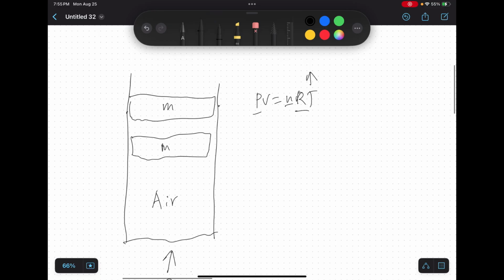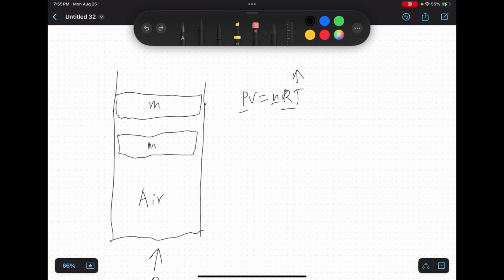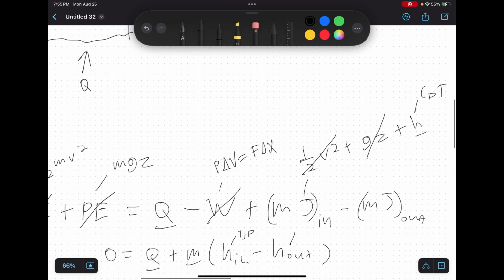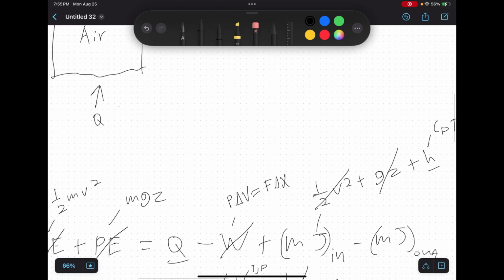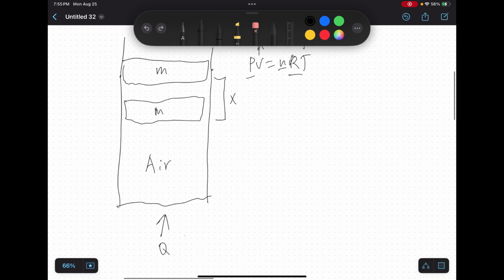And it has the same weight because it has the same mass, and it has the same area because the disk is the same size as it was lower down. So pressure stays the same. So if temperature goes up, volume has to go up. So what should happen is the disk gets moved up by a certain distance. We'll call it x. We'll use this version of work.